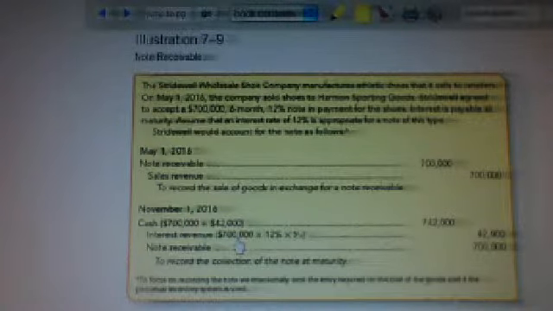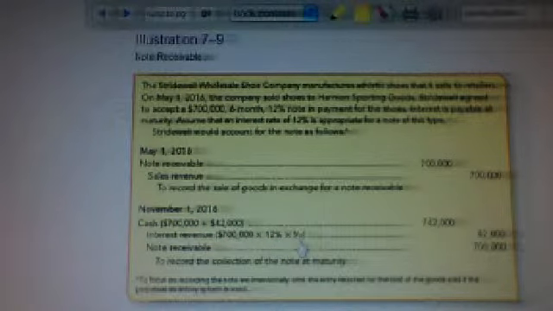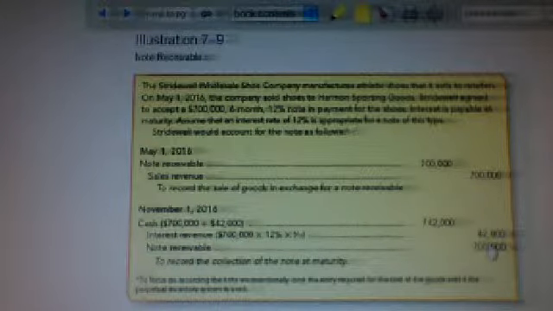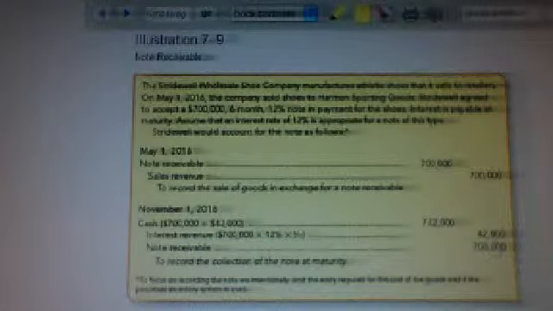That interest revenue is calculated, $42,000, as $700,000 face or principal amount times the 12% interest rate, that's an annual rate, and we're going to multiply that by 6 months, or the fraction 6 over 12 months. And that calculates out to $42,000 that's credited to interest revenue. The note receivable gets credited for $700,000, which zeroes out its initial debit from May 1st.